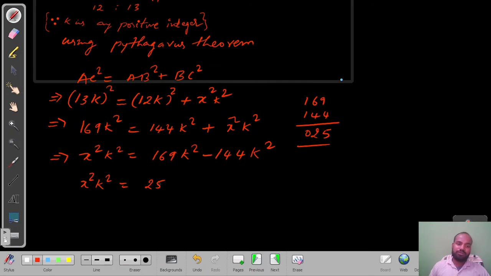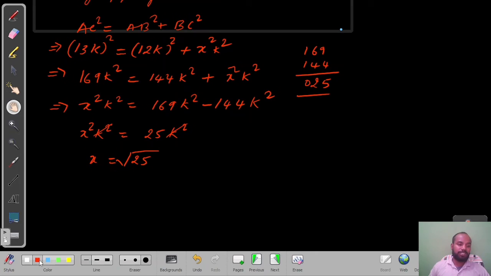I am removing the k square on both sides, it is not required. X equals root 25, so we get x equals root of 5 square. Then the square and root cancel, so x equals 5.